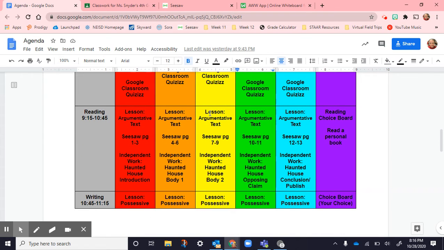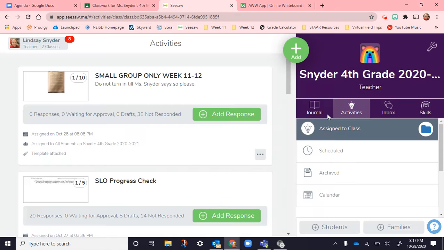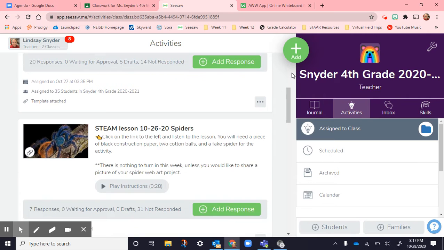For reading today, we continue talking about argumentative texts. We worked in Seesaw on pages, we started off on 7.